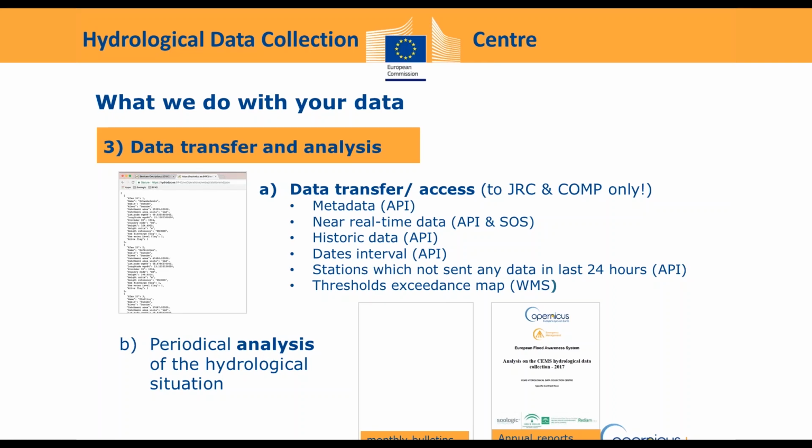We also transfer historic data with an API, dates interval, a station which not sent any data in the last 24 hours, both of them with an API, and thresholds exceedancy map. This is a WMS that you can see in the EFAS information system.